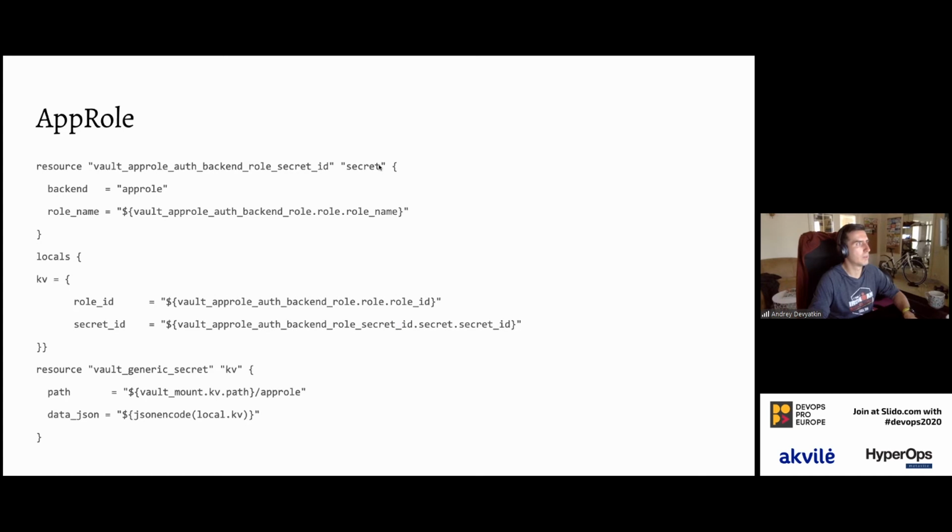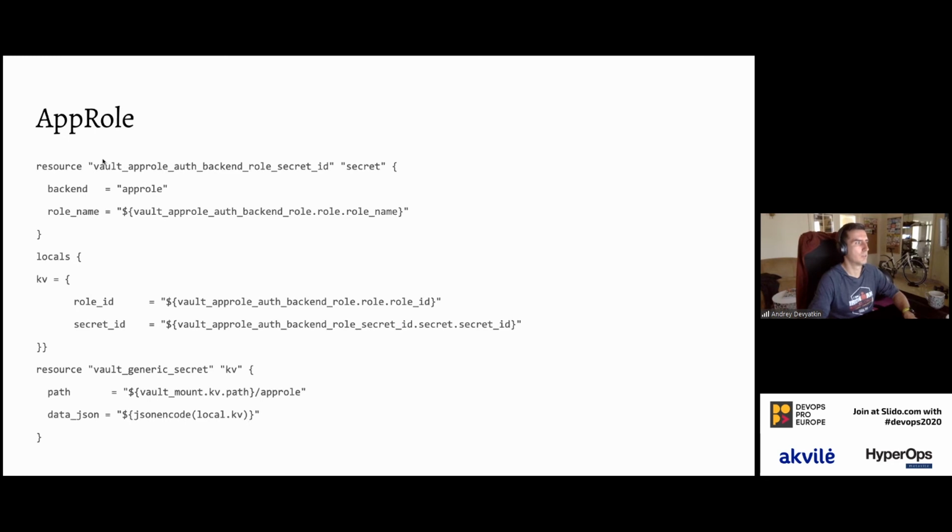So you create a secret, and then you define a key-value using locals. You define a KV storage in your Vault instance, and you just store everything that you received in there, and then you can read those from Vault. Or you could have another process or another spec reading them from Vault using Terraform.